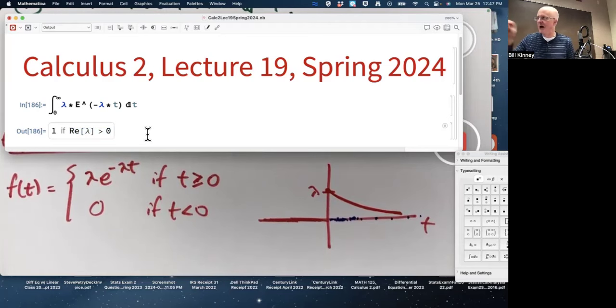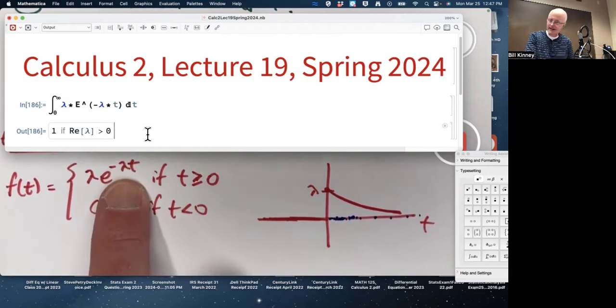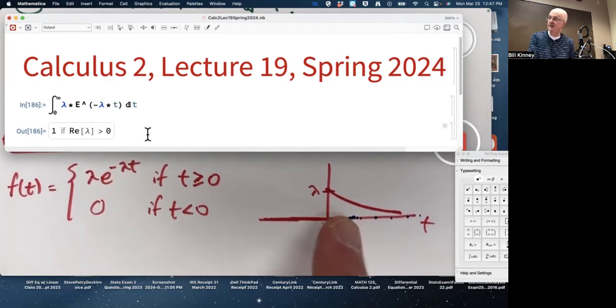If lambda is a real number, the real part of lambda being positive means lambda itself is positive. Which, yes, okay, lambda, we've talked about this before, has to be positive. That's got to be the case because of that negative sign there for this to be an exponential decay when t is positive. For the graph to look like that, and for the integral to converge. And it converges to 1. So it is a probability density function.